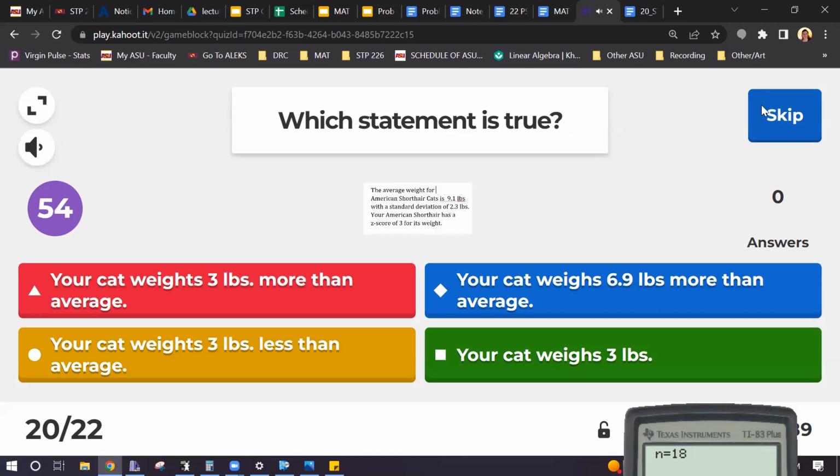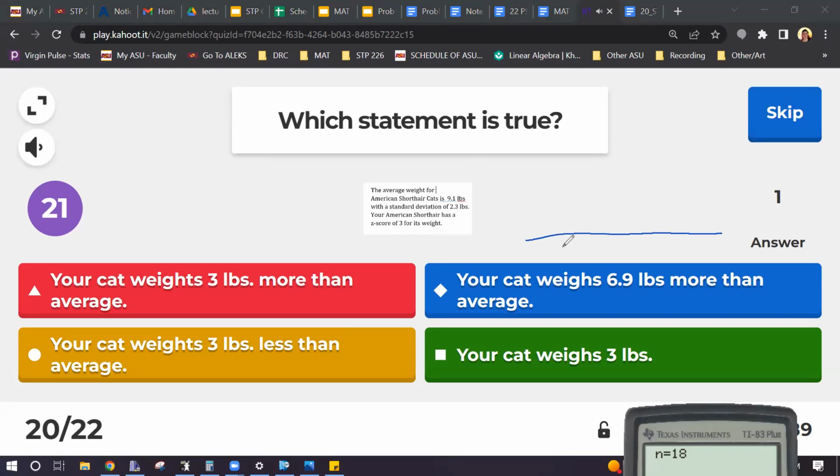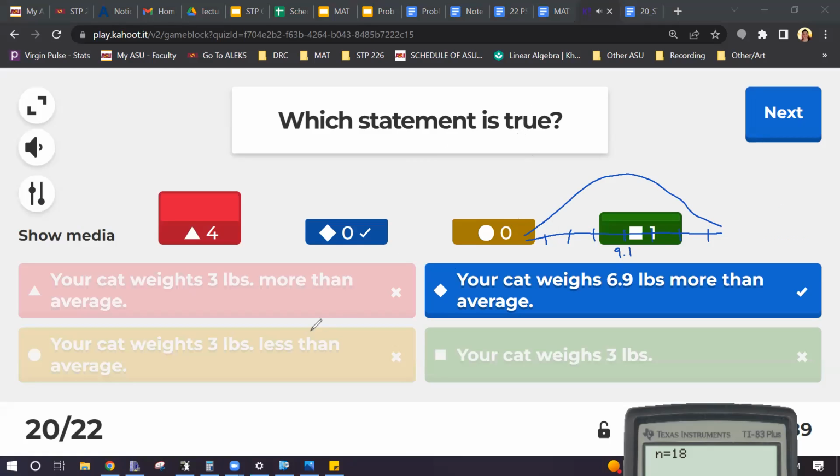If the average weight for American short-haired cats is 9.1 pounds with a standard deviation of 2.3 pounds, and your American short-hair has a z-score of 3 for its weight, which of these statements is true? Okay, pretty tricky, pretty tricky.